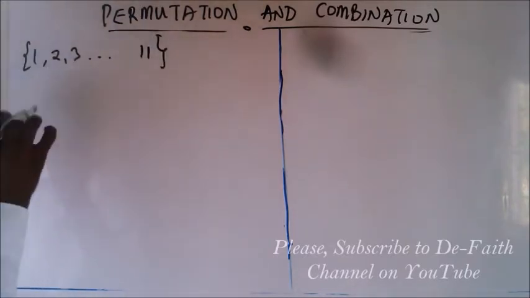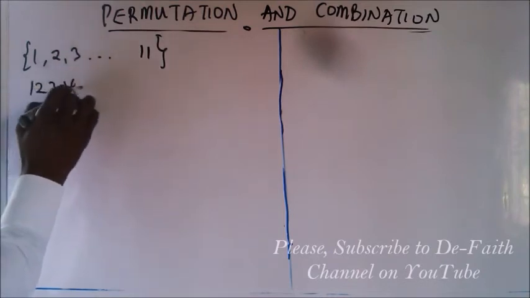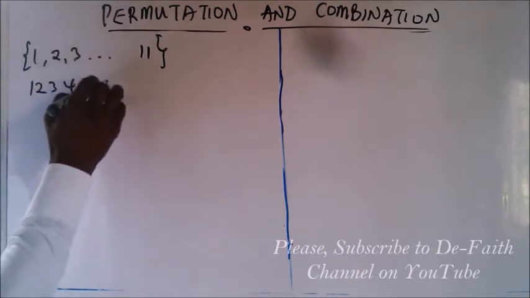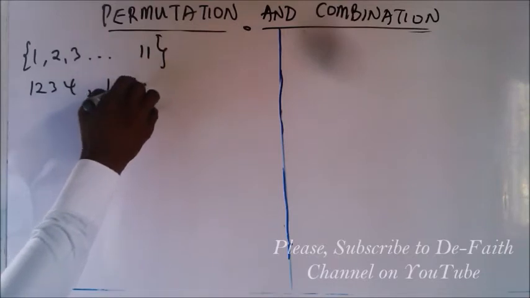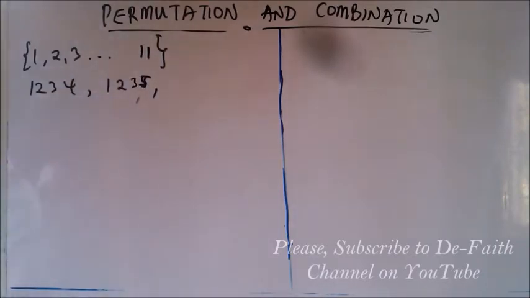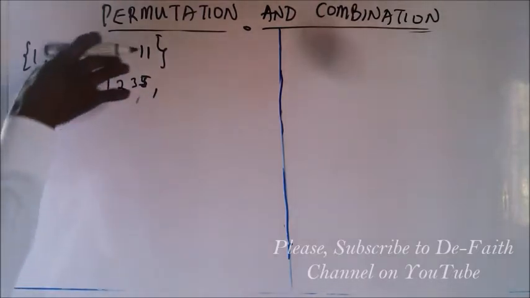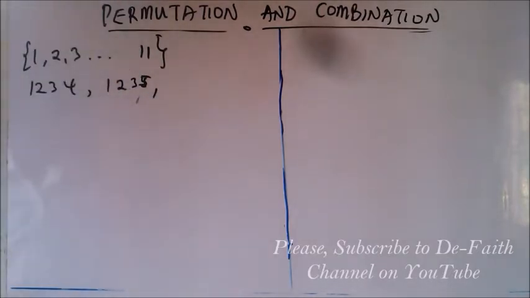So we need to pick 4 from this. So we have 1, 2, 3, 4. That's a subset. 1, 2, 3, 5. That's another subset. Now we want to look for how many subsets we can get from this particular set.